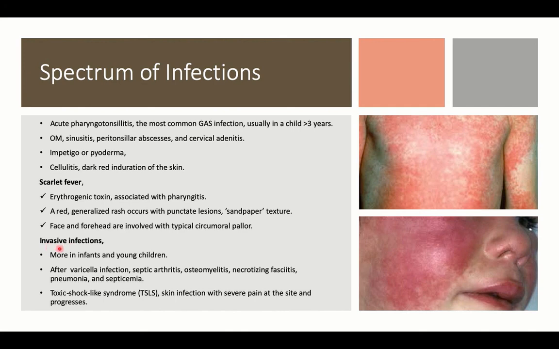Streptococcal infection can be invasive, which is more common in infants and young children, maybe after varicella infection as a secondary bacterial infection, after an attack of chickenpox. So again, after infection with chickenpox, for secondary bacterial infection, usually suspect both streptococci and staphylococci. Septic arthritis can occur with streptococci, osteomyelitis, and necrotizing fasciitis, which is a medical emergency.